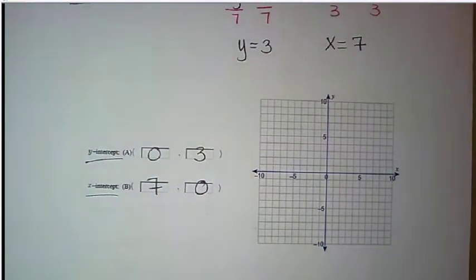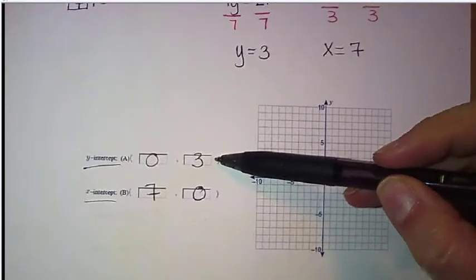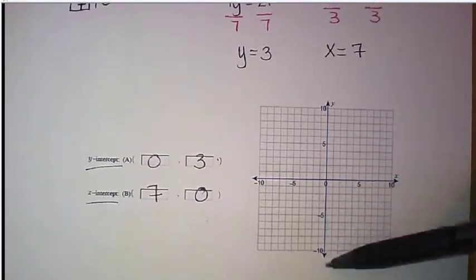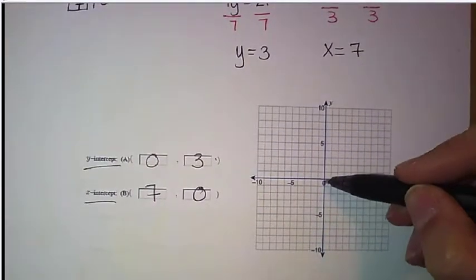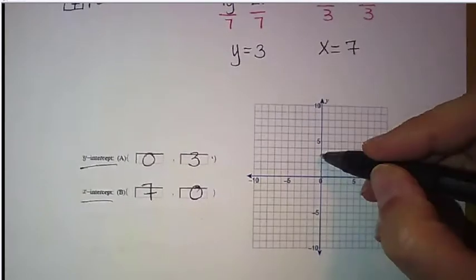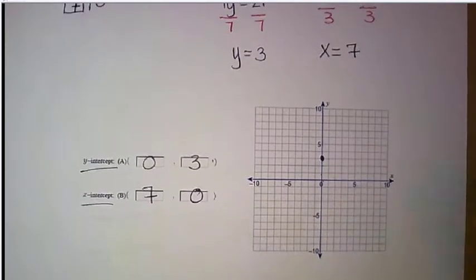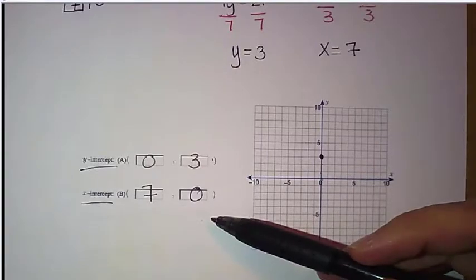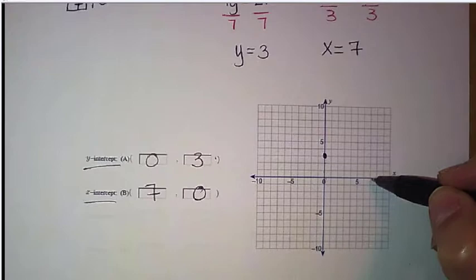So now I need to graph those 2 points and draw my line. Remember, your y-intercept should go on your y-axis. That's this vertical axis right here. So from that, we're not going to go left or right, but we're going to go up 3. There's our y-intercept. And then the same thing for our 7, 0. This time we're going to go to the right 7.